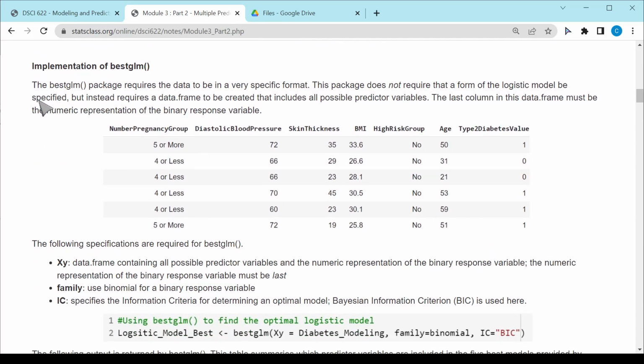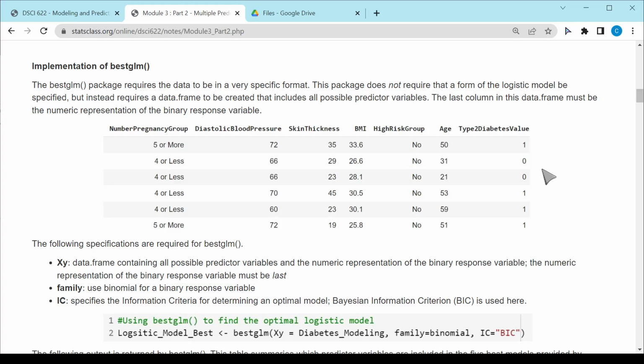A little bit about the implementation of the bestglm package in R, in Colab via R. It does not actually use a model structure, but instead uses a data frame, where the data frame contains all the predictor variables that you would like to be considered. And the last column in that data frame has to be your response. It actually has to be the numeric representation of that binary response variable, so that last column has to be 1s and 0s.